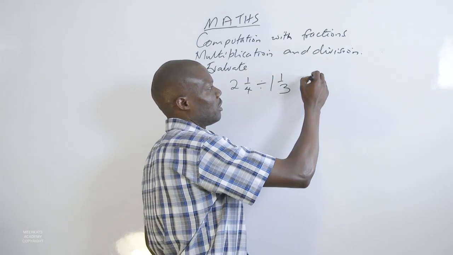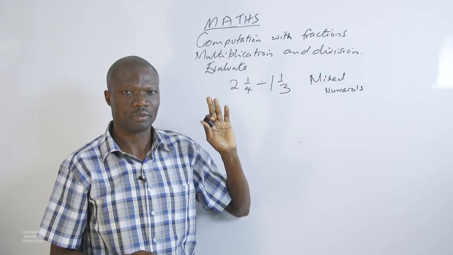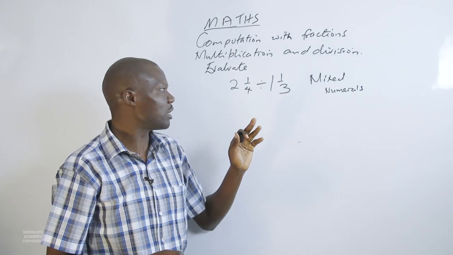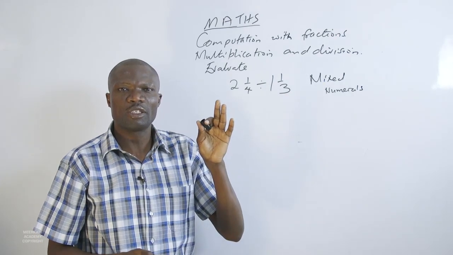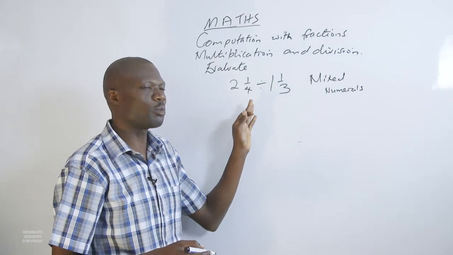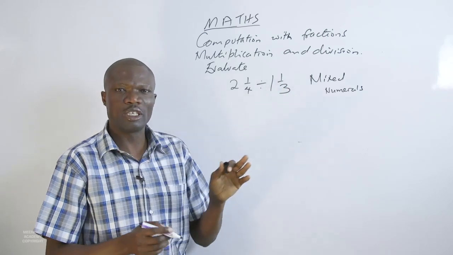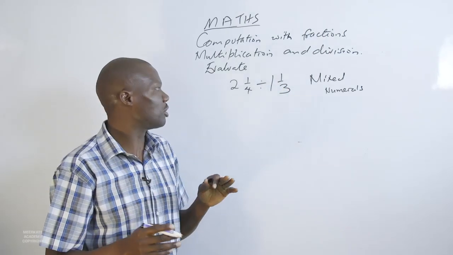which I'm calling mixed numeral. So what happens here is we do the conversion just the way we did it in multiplying mixed numerals. Convert all this into improper fractions.